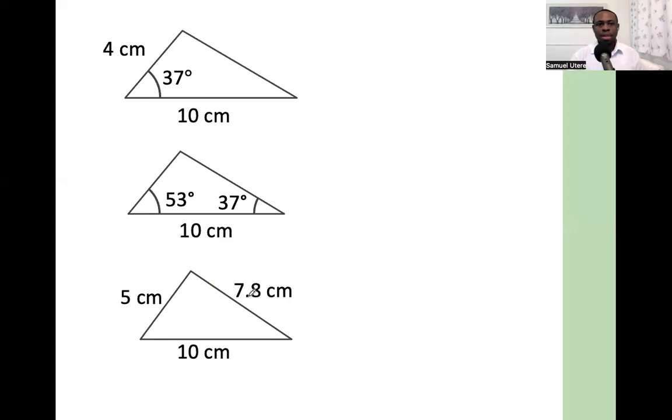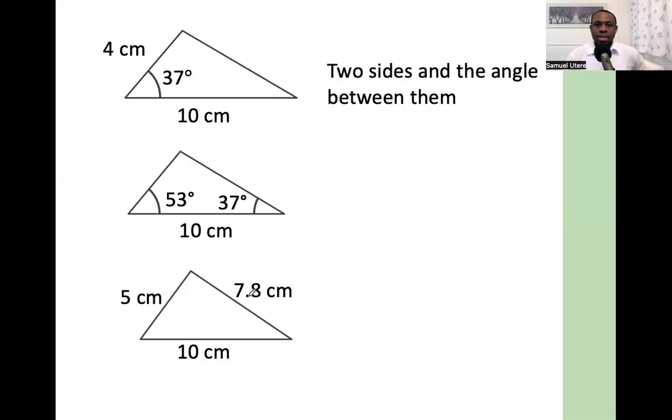Let's do some new learning. If I ask you to construct these triangles, do you know how you would approach them? First, you need to know that this is a triangle that has two sides and an angle between them. We call these types of triangles side, angle, side, SAS.